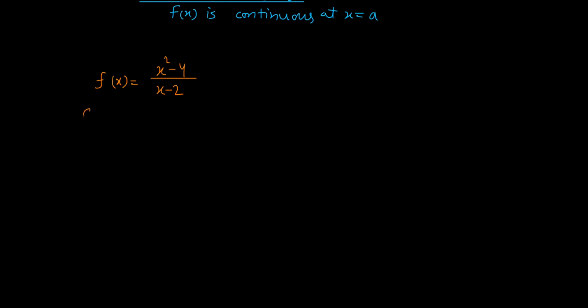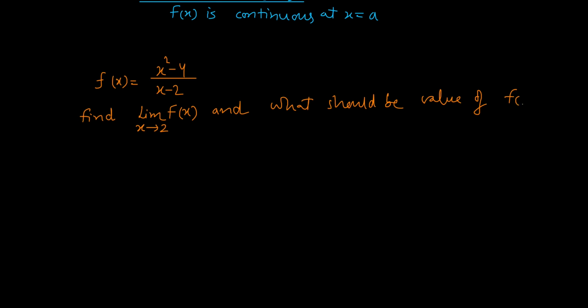The question is, find the limit of this function at x equal to 2, so find limit x tending to 2 of f(x), and what should be the value of f(x) at x equal to 2 so that f(x) is continuous at x equal to 2.